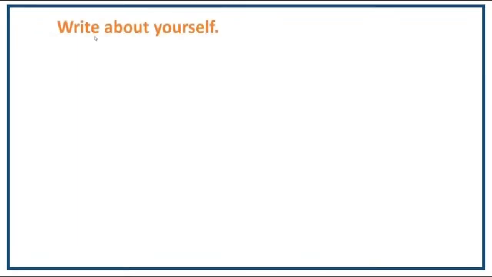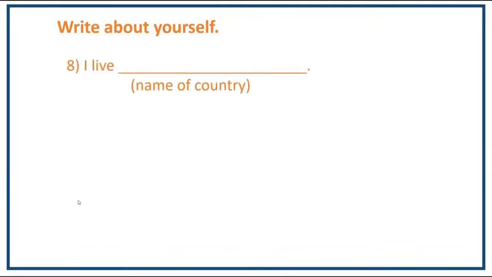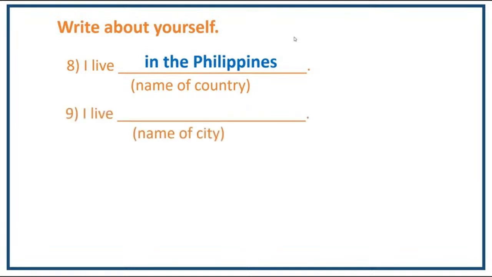Alright? Next, you have to write about yourself. Number 8, I live blank. You have to write here the name of your country where you live. So in my case, I live in the Philippines because my country is the Philippines. Number 9, name of city, I live.